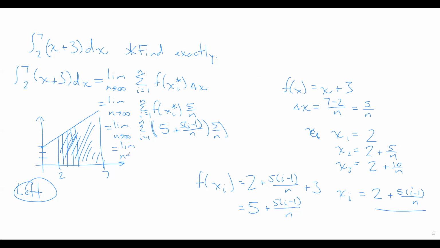So the limit as n approaches infinity of, let's just expand all the brackets to see where we end up. First, we'll do the inside: 5 plus 5i over n minus 5 over n, all times 5 over n. I hope I have enough room to do this.